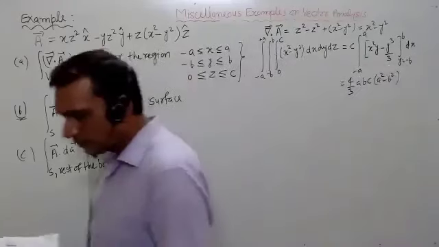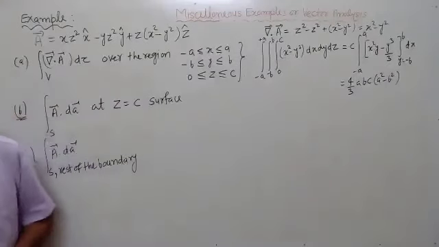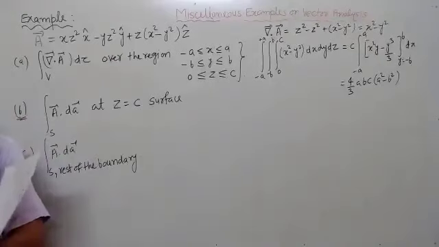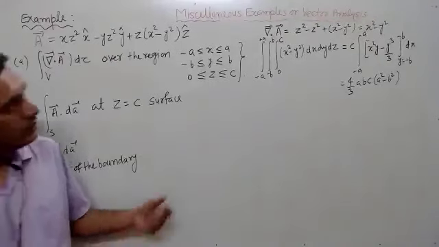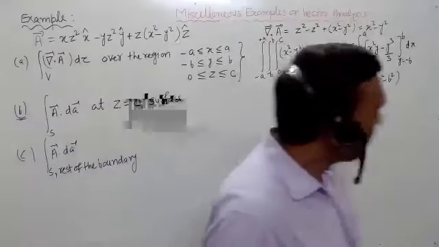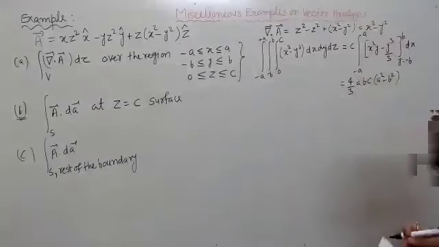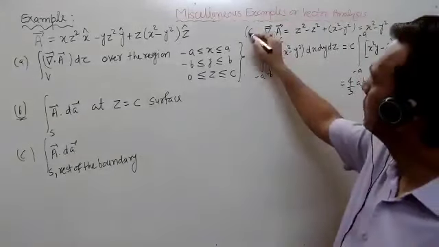Please verify it. Yes, sir. This is the volume integral: 4 by 3 abc times a square minus b square. So that is the first part.